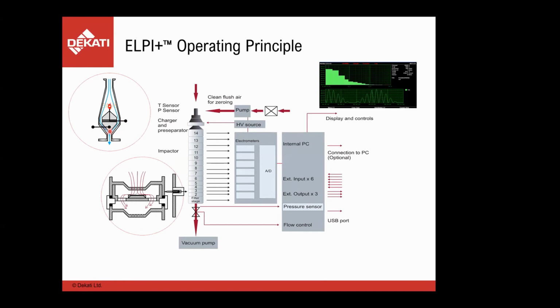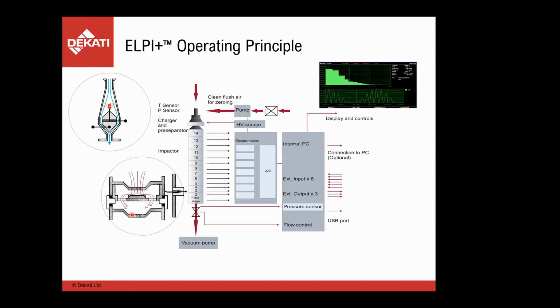So the charged aerosol then enters into the cascade impactor, where the flow is accelerated in jets, and these jets of air are directed towards the collection surface, and the airflow makes a sharp turn. And the particles that have sufficient inertia, sufficient mass, they cannot make this sharp turn. They come into contact with the collection plate and get collected.